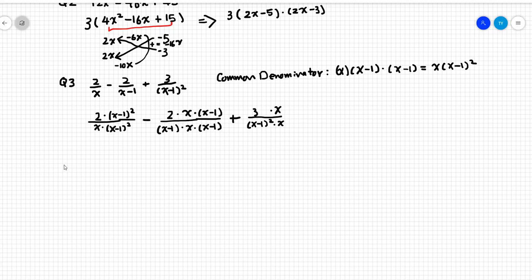So now I'm just going to draw the big, long line over here. And as you can see, the bottom denominator becomes x times (x minus 1) squared. So the only thing that we have to do now is multiply these out, and combine the like terms, okay?